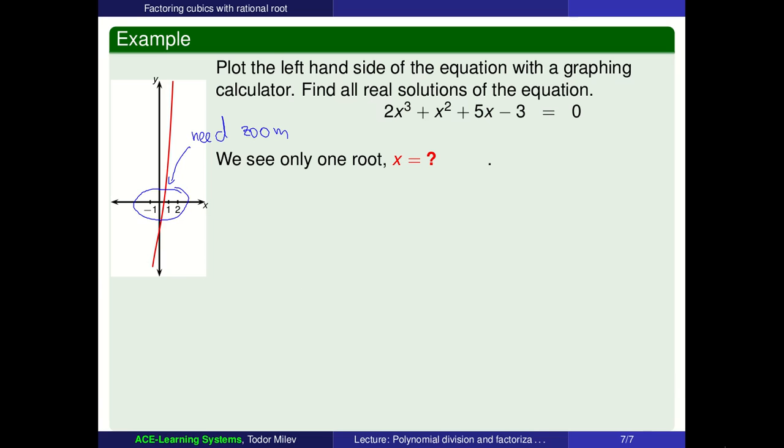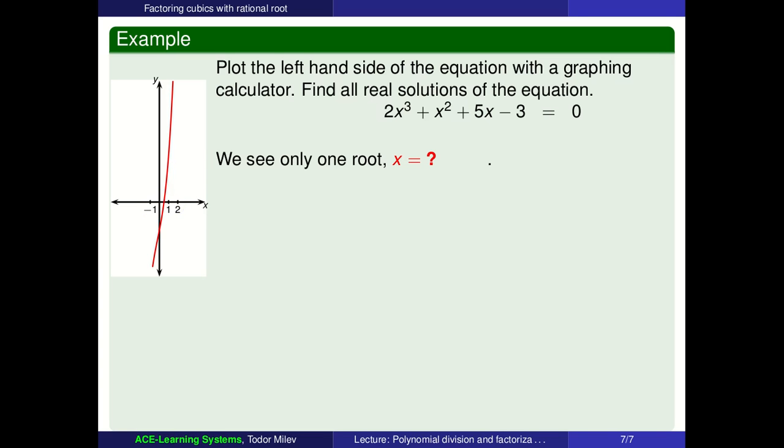I'm going to imitate the situation of a real graphing calculator, and I'm going to ask you to guess the value of the intersection here without being able to zoom. That's likely going to be your situation in an exam setting. You may not even have time to zoom in to see where the graph of your function intersects the x-axis.